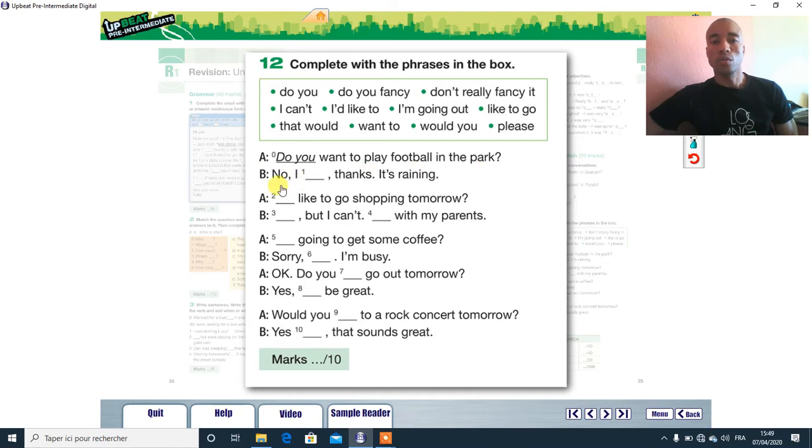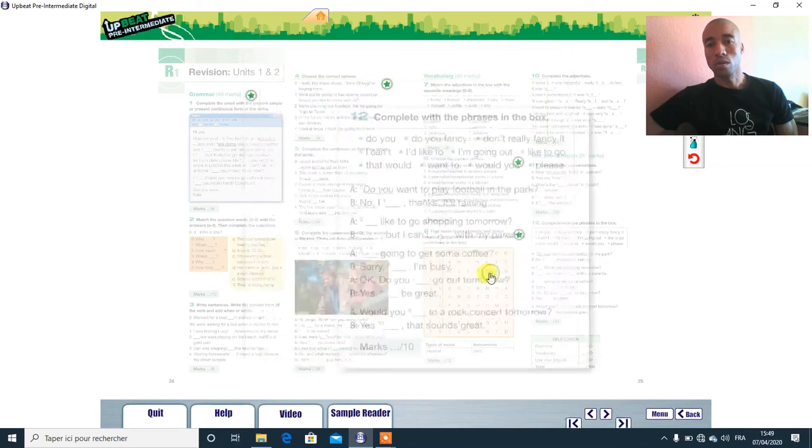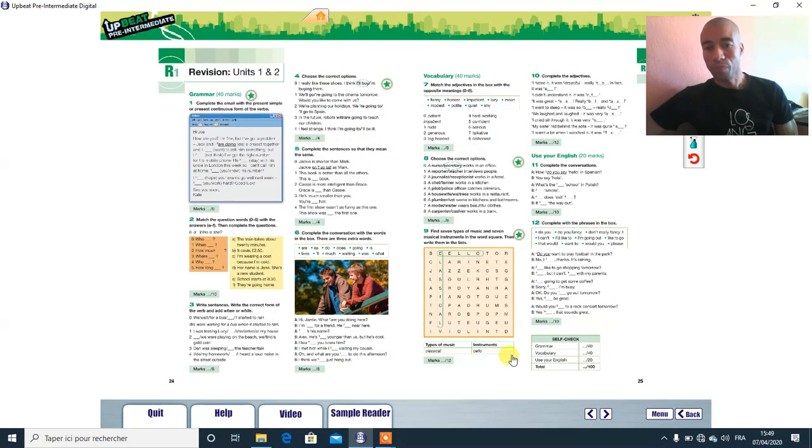And no, I. Okay, so which answer is correct here? Fine. So I think the words or the expressions that we have here are not difficult, so they are clear, and it's going to be easy to complete the conversation with no problem.